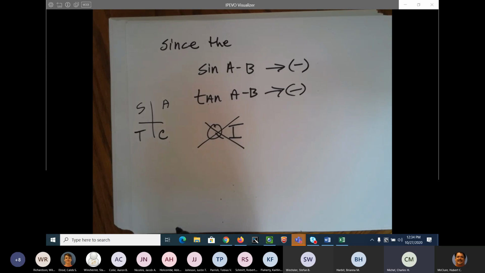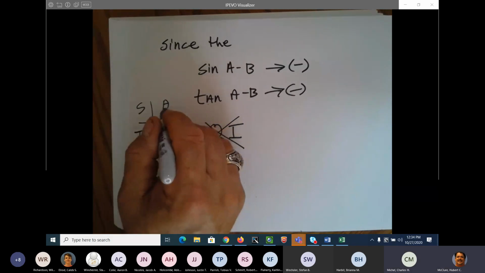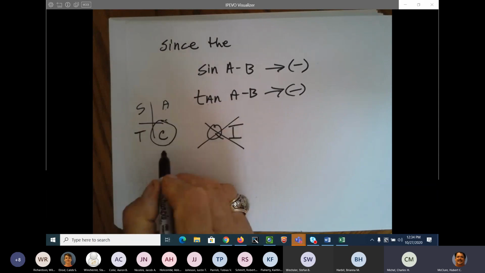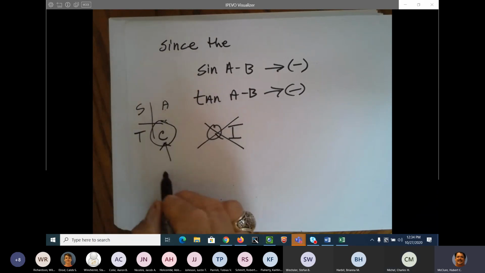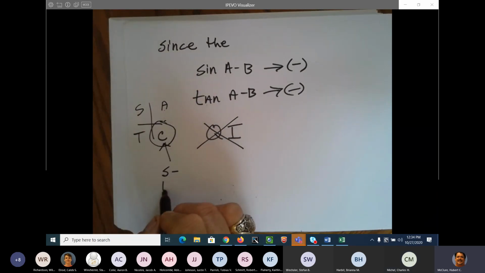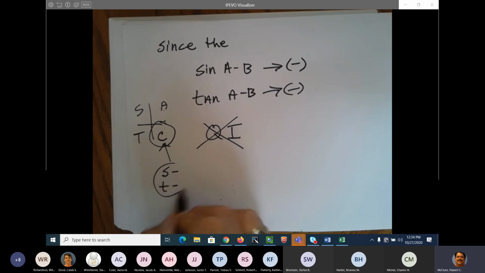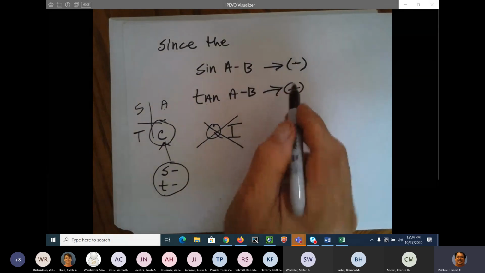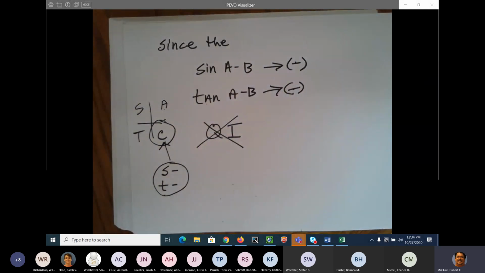Excuse me, just 4. Quadrant 4 is the only place that the sine is negative and the tangent is negative. And that's what you have, and you'll see that when you do your math, they come out negative.